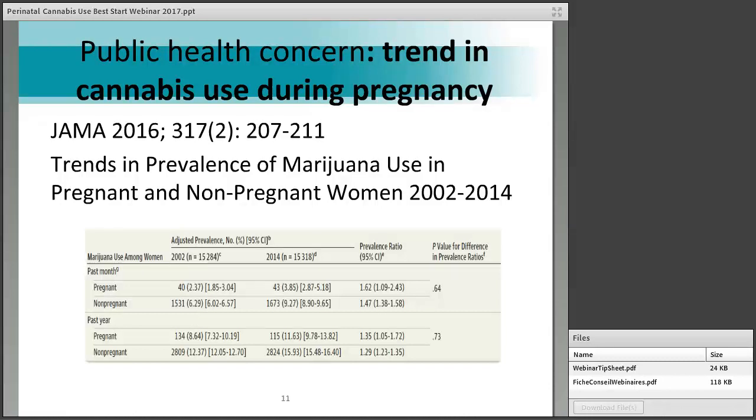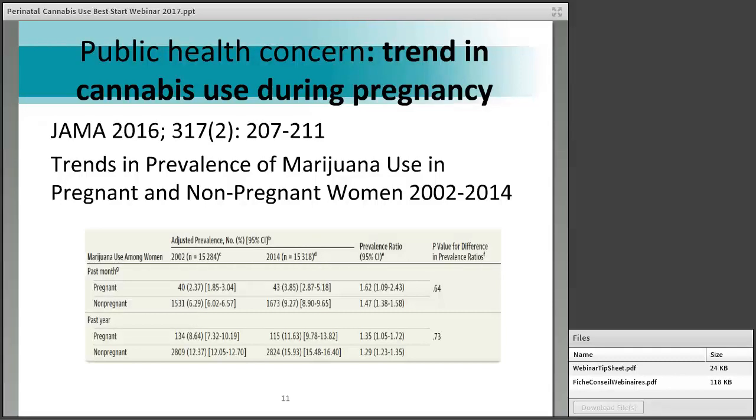They found that the prevalence of past month marijuana use increased from 2.3% among pregnant women to 3.85%. So even if this doesn't sound like a high change in the percentage in terms of absolute numbers, it is worrisome because it represents a relative increase of 62% in that time period.